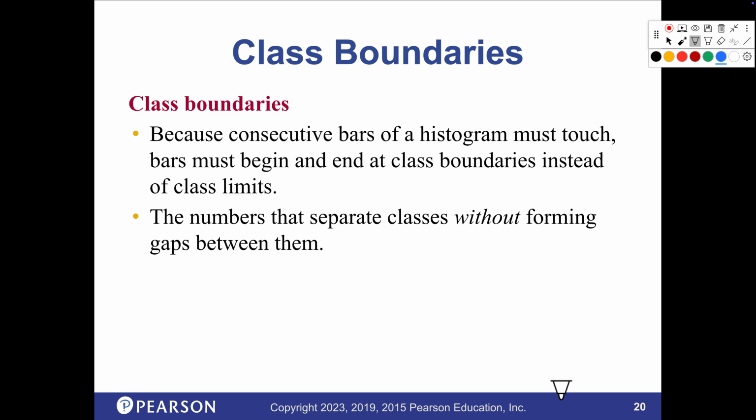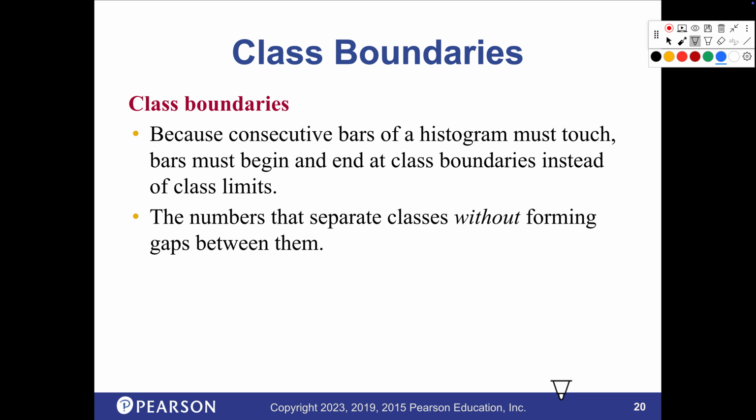We talked about class limits, but when we do a histogram, since the bars need to touch, notice on our class limits, one ended at 190, the next one started at 191. There's space between them, right? They're not touching.